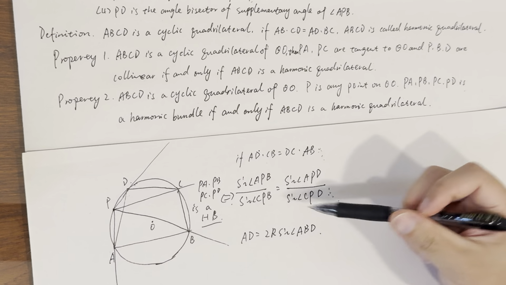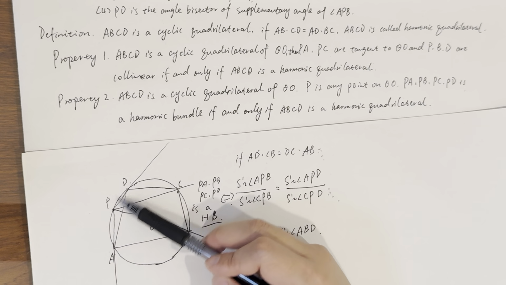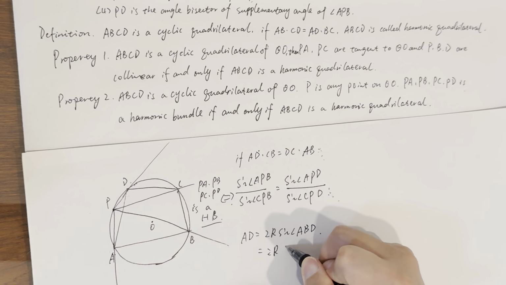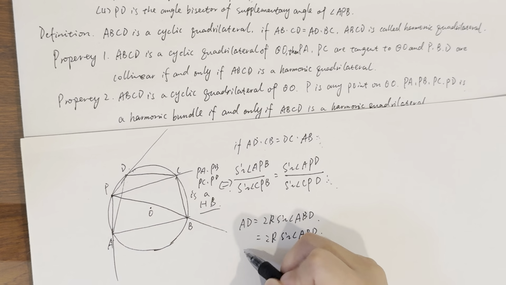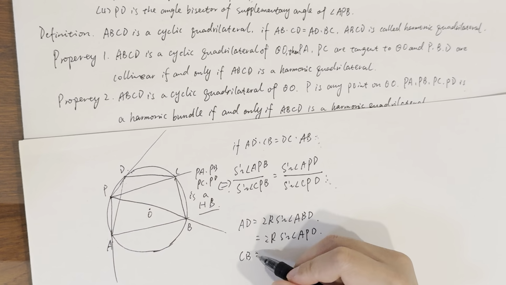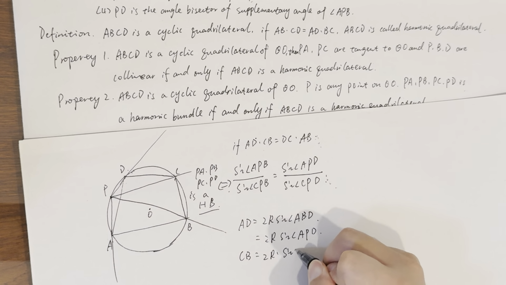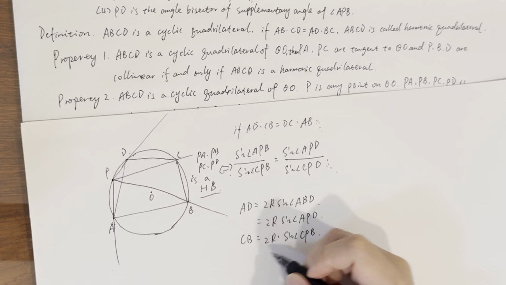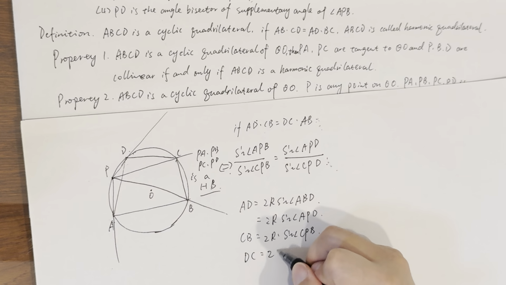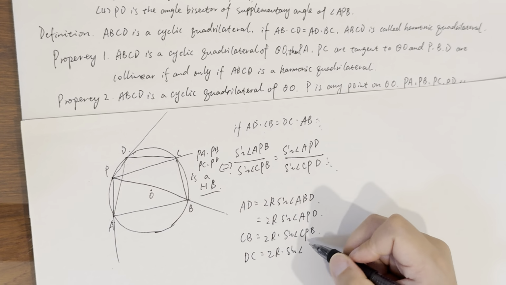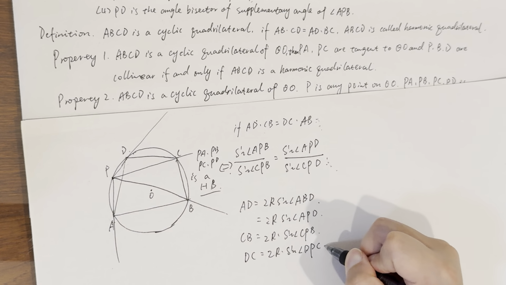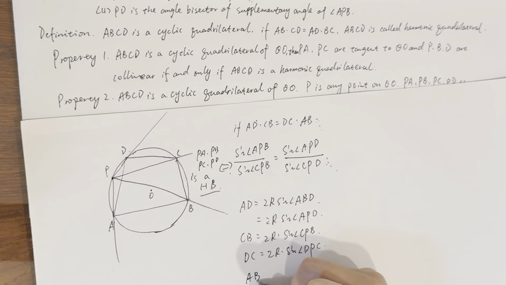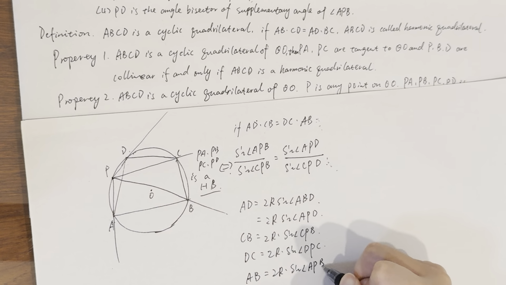And we know that sine angle ABD equals sine angle APD, so it equals 2R sine angle APD. That is AD. And CB equals 2R sine angle CPB. Similarly, DC equals 2R sine angle DPC. And AB equals 2R sine angle APB.